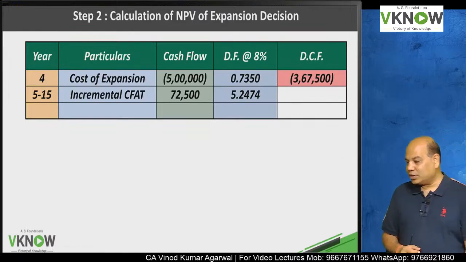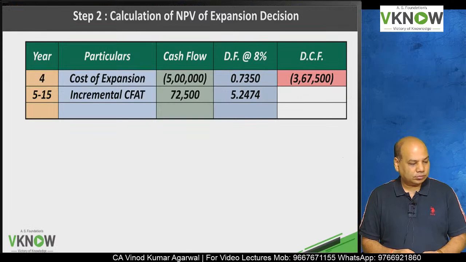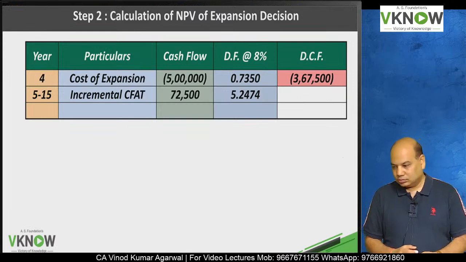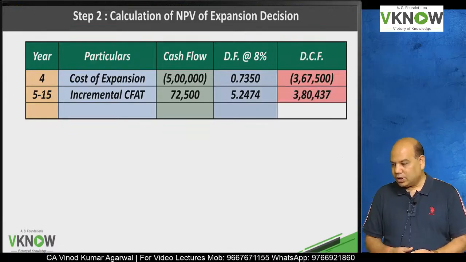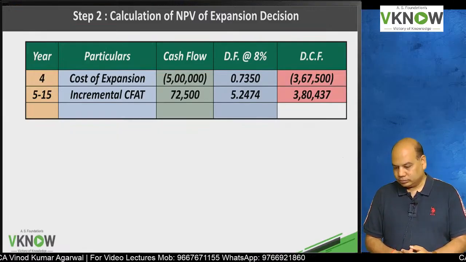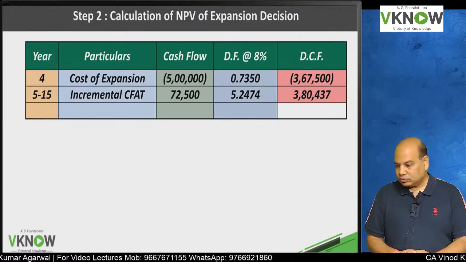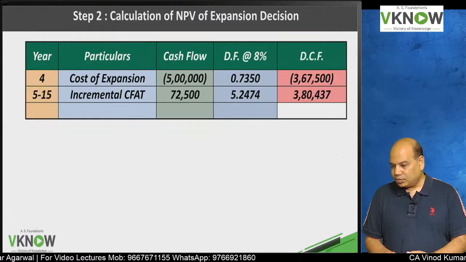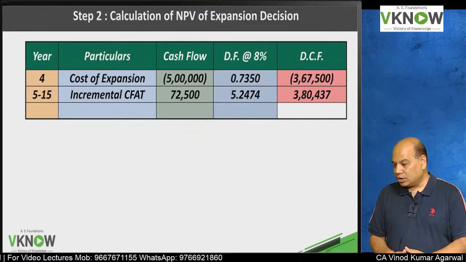Discounting factor at 8%, 5.2474. 380,437, multiply 72,500 into 5.2474.